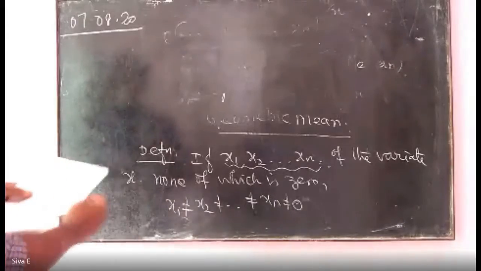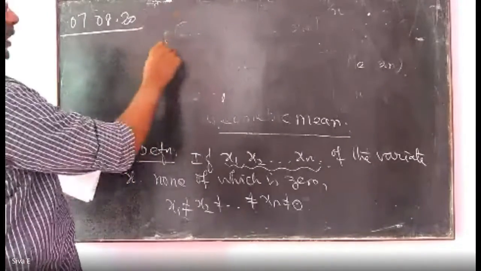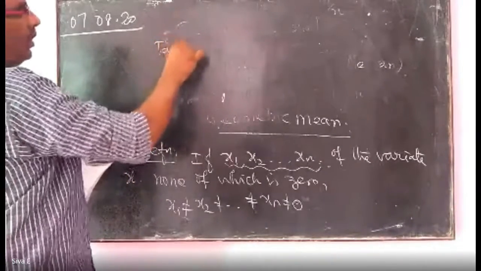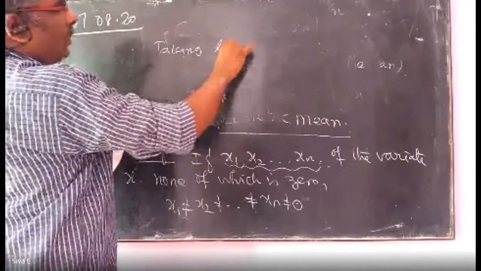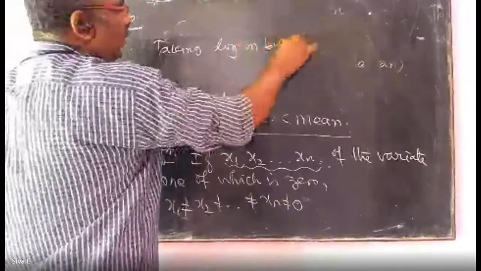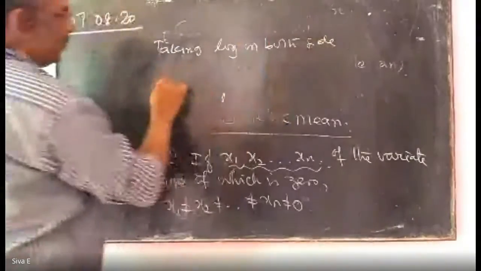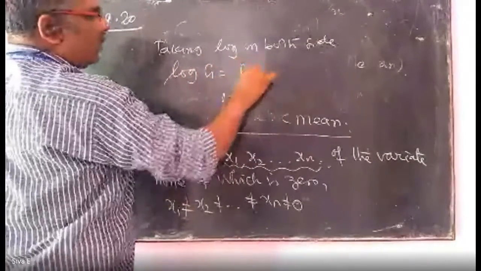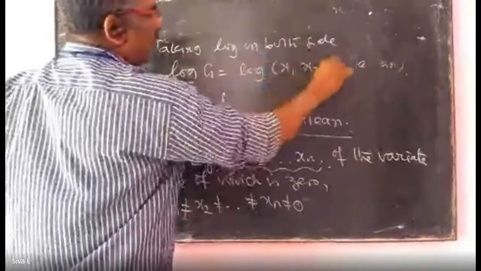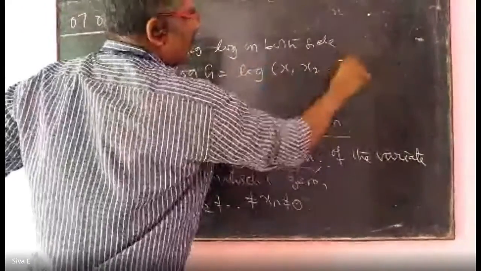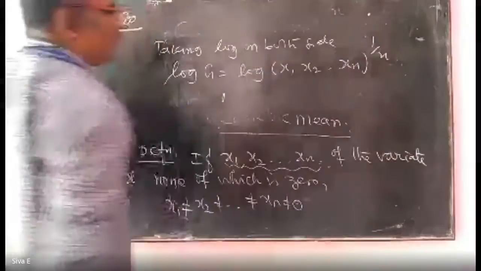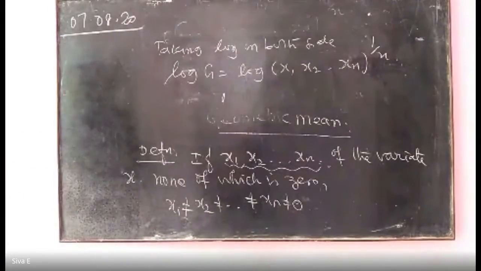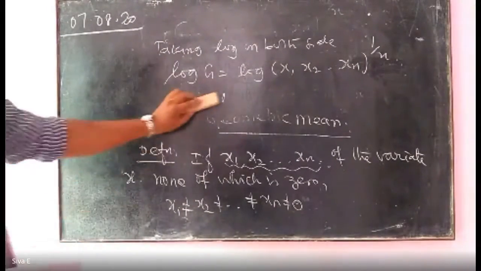Taking log on both sides, we will get log G equal to log of (x1, x2, ..., xn) whole power 1 by n. To calculate the geometric mean, you have to take log on both sides.